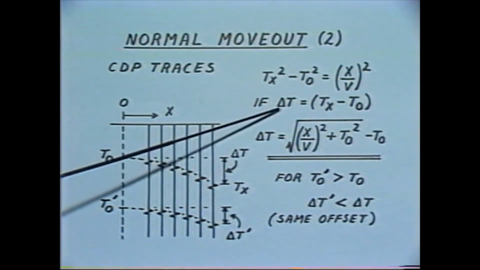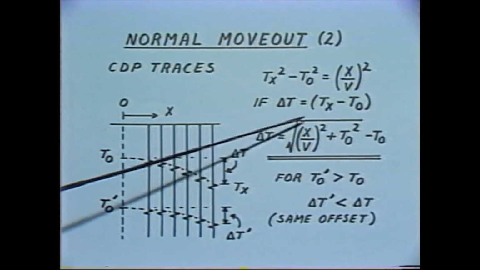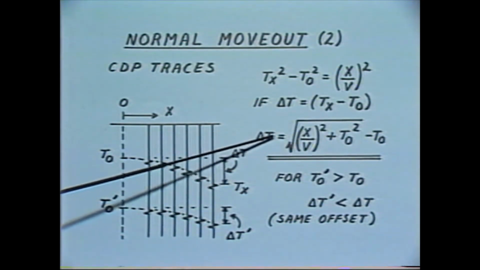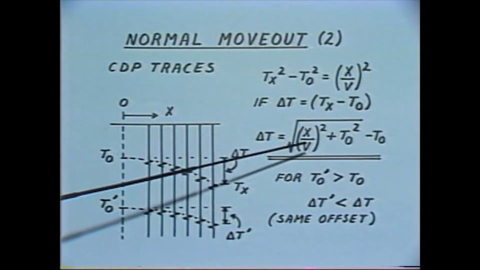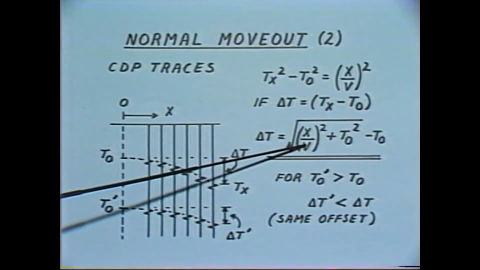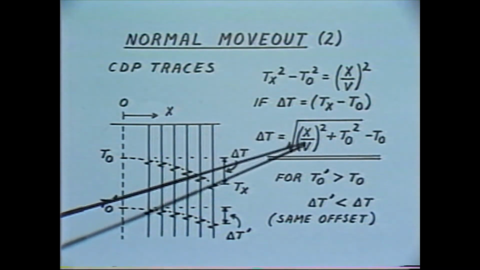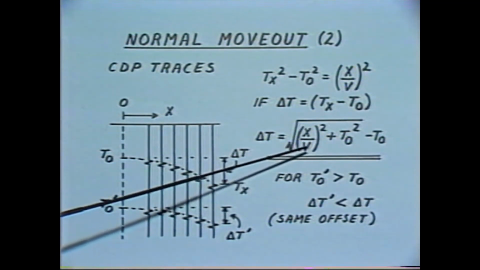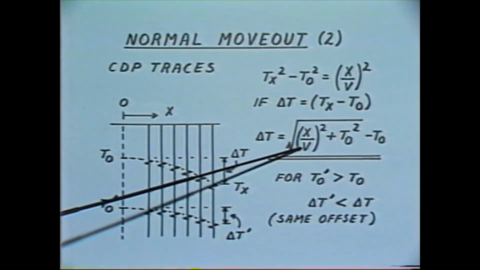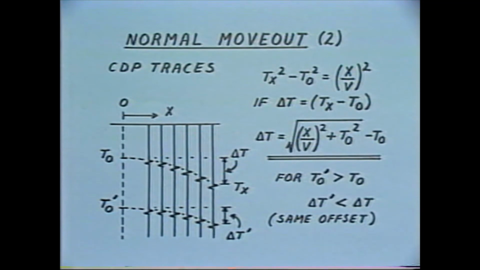Well, if we make this substitution, we can derive this equation which relates normal move-out to offset and velocity and zero offset travel time. Once again, the important point to note is that there is this relationship between travel times, offset, and velocity, which eventually allow us to determine velocity from the travel times on a set of traces such as this.